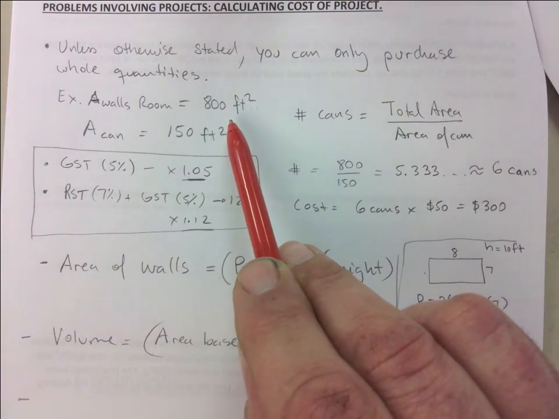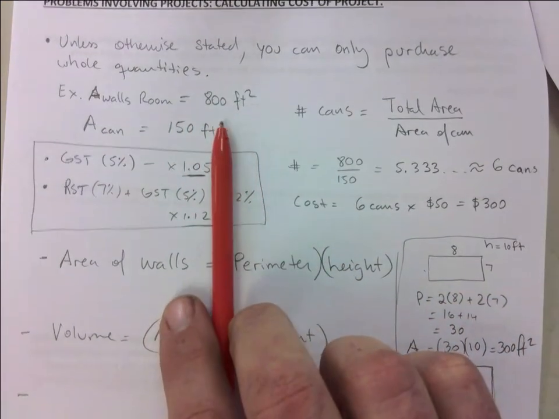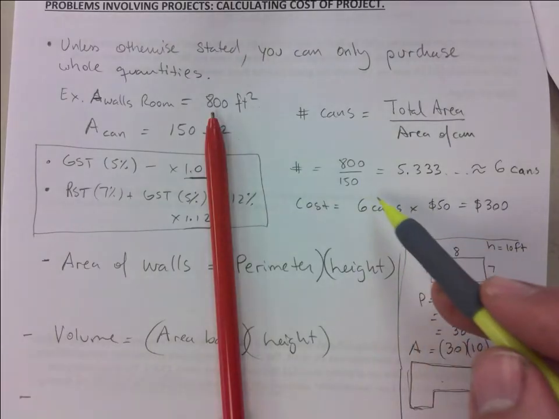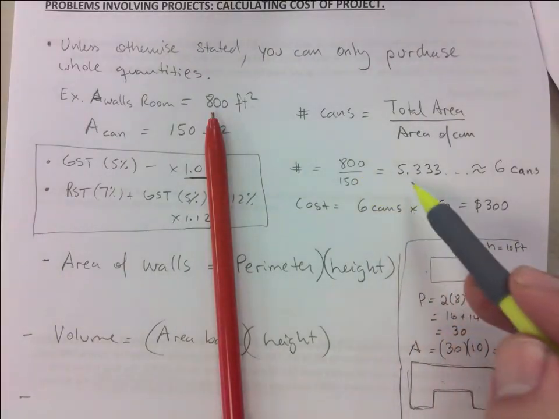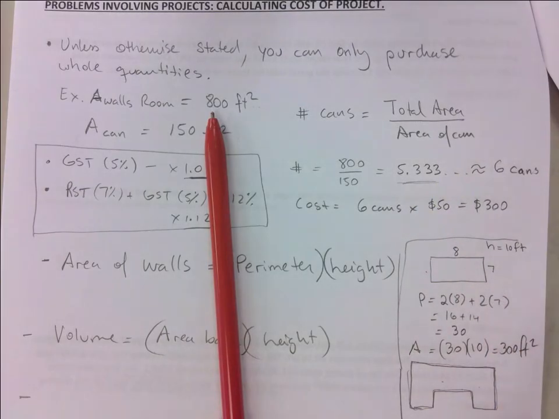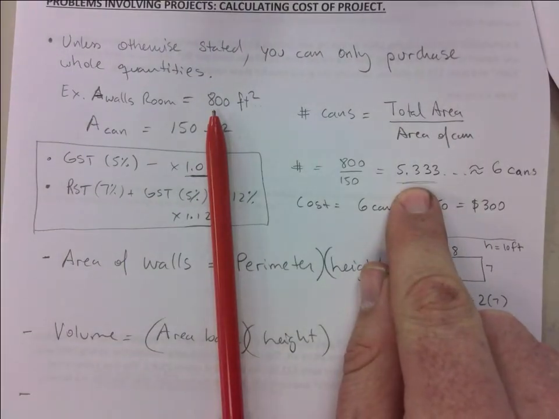And this is why. If you were to paint this room, let's say our room right here is 800 square feet, the walls, and you need 5.33 cans. So you'll open 5 cans, you'll do, right, as much as you need. For 1 coat, you're going to use 5.33 cans, right?